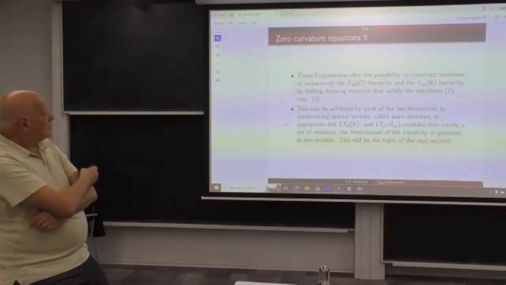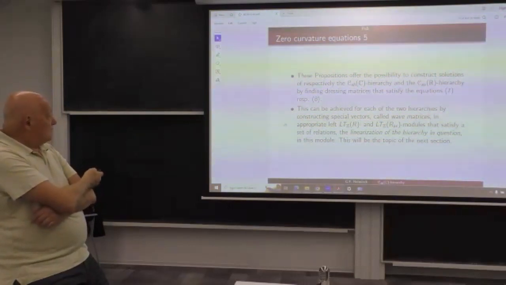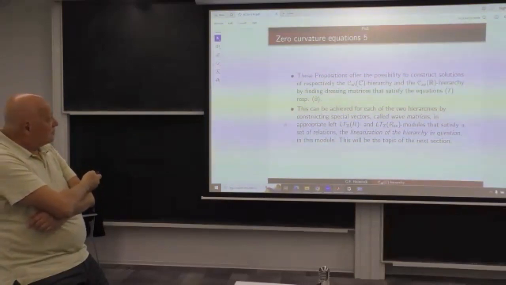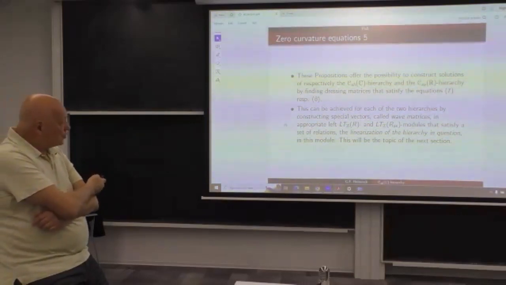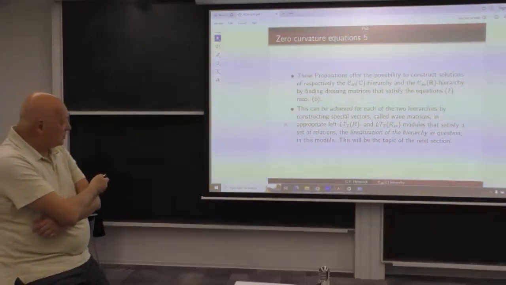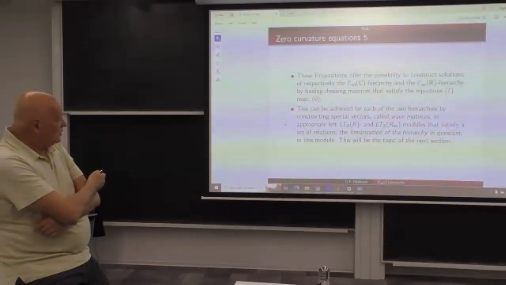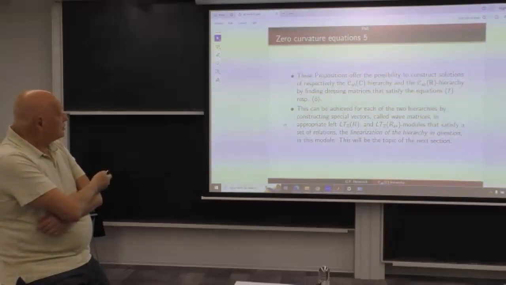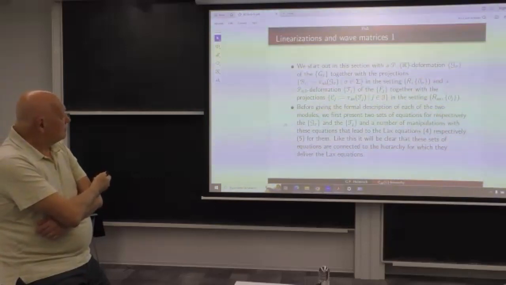And that we are going to do in this special difference model. We look for special vectors, the wave matrices, that satisfy the linearization of the hierarchy that we consider, and that will come here.